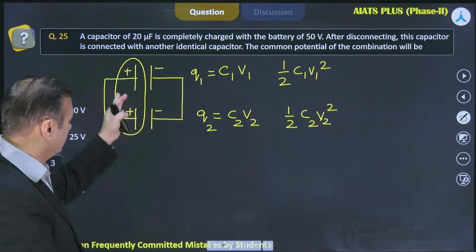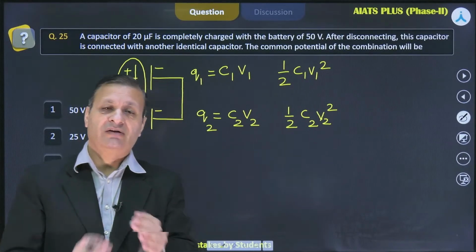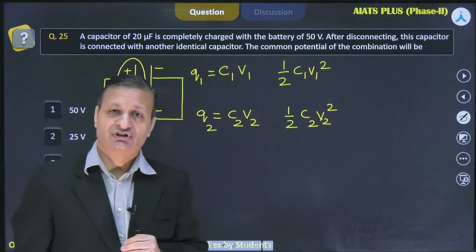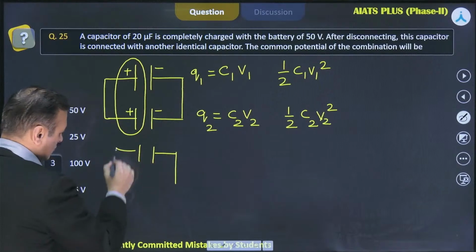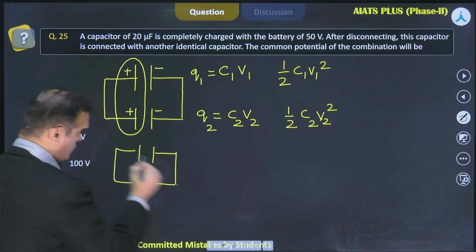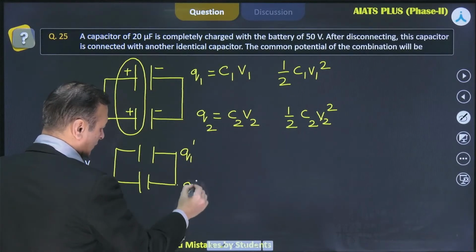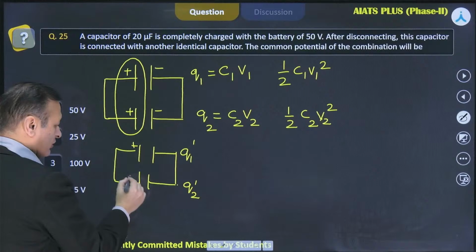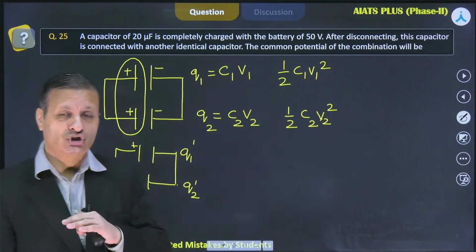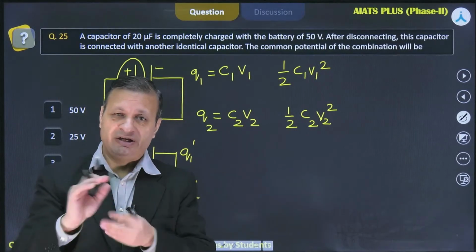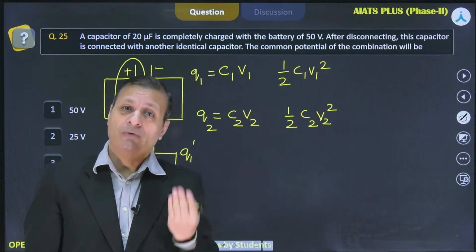Positive plate with the positive plate, but because of the potential difference, there would be some rebalancing of the charges, and the configuration would be like this, so the new charges are Q1 dash and Q2 dash. This plate would still be positive, this plate would still be positive, but because initially they had a potential difference, they exchange the charges till they attain a condition of common potential.